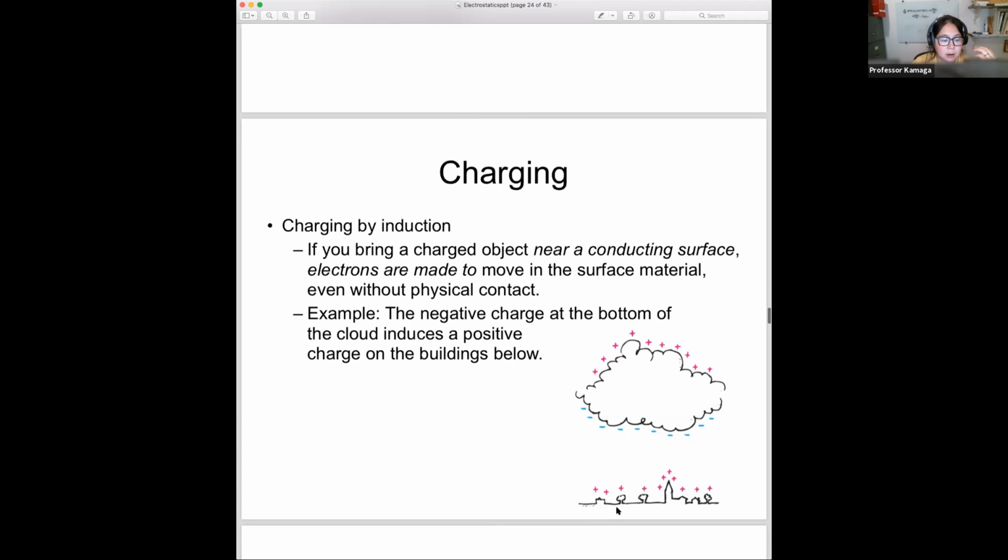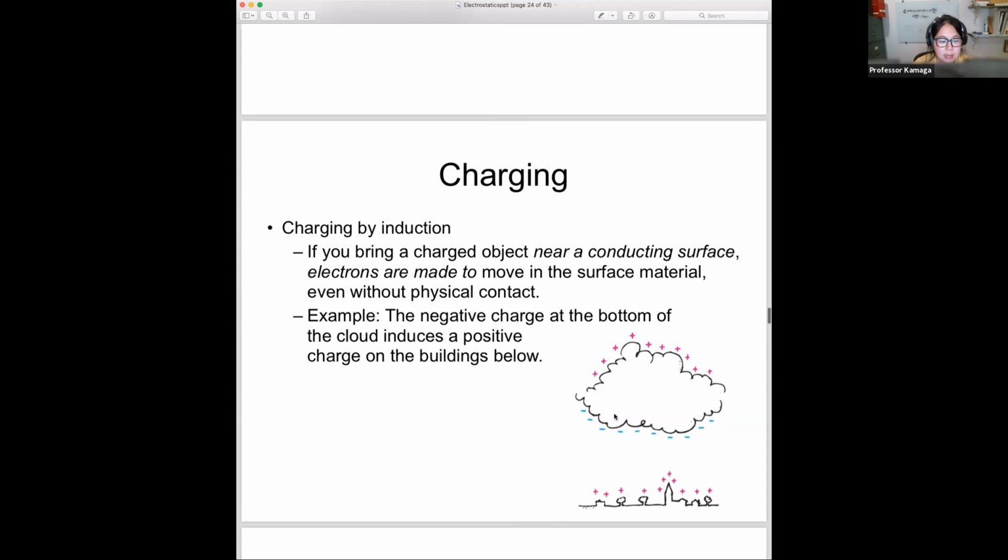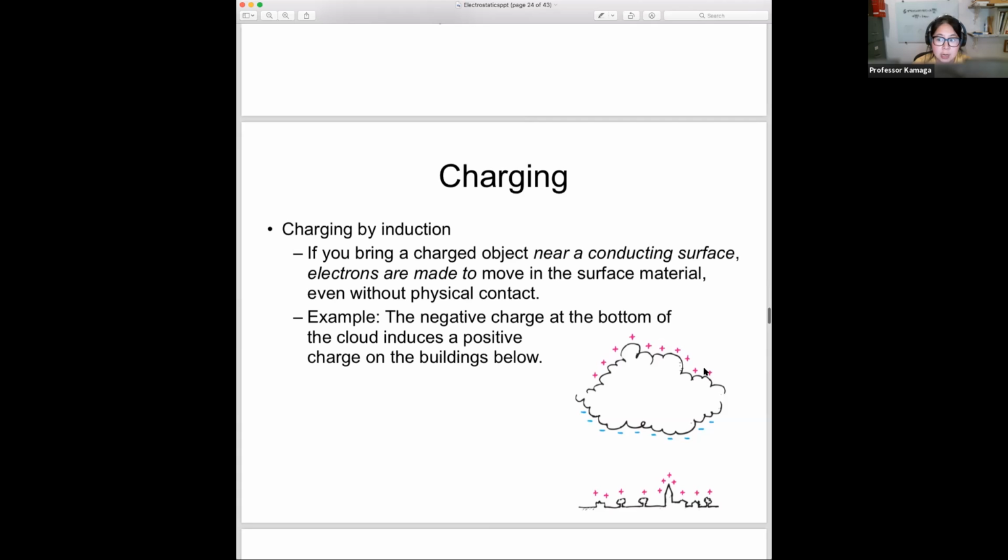So we always have a ground that's slightly positively charged, and then you have a cloud on top. The bottom of the cloud is negative, and the top of the cloud becomes positive. So charge is induced.